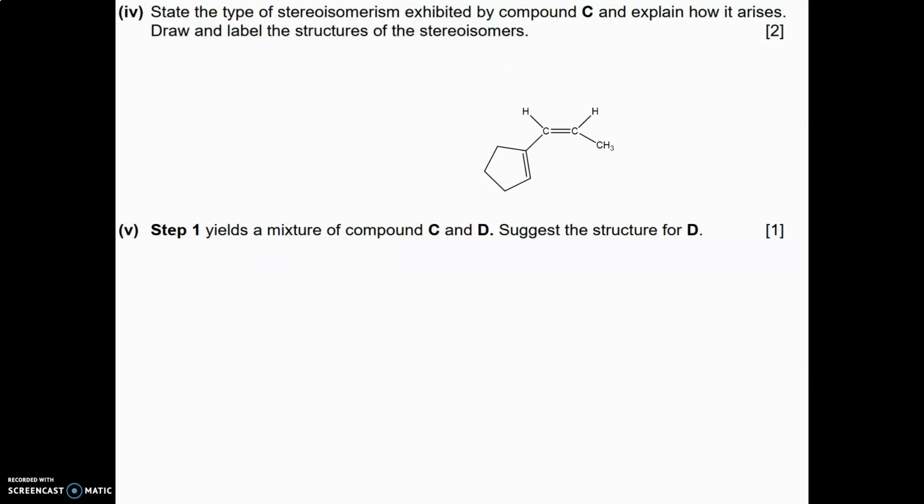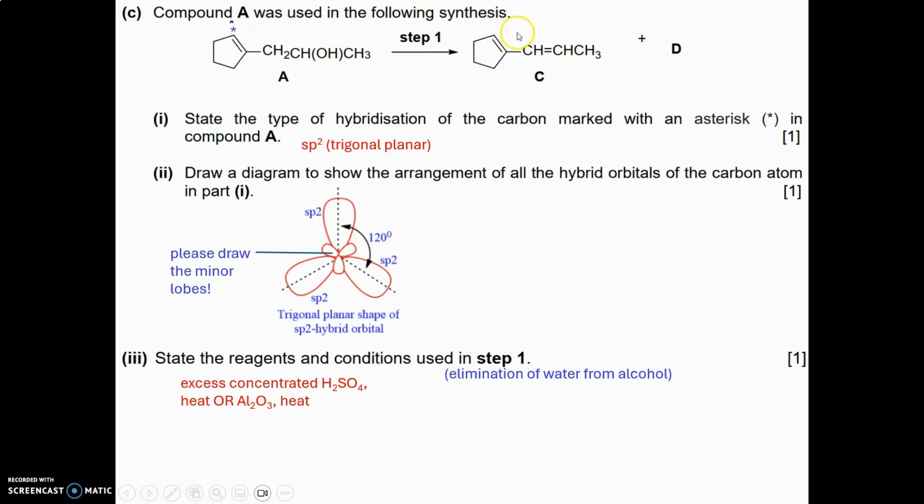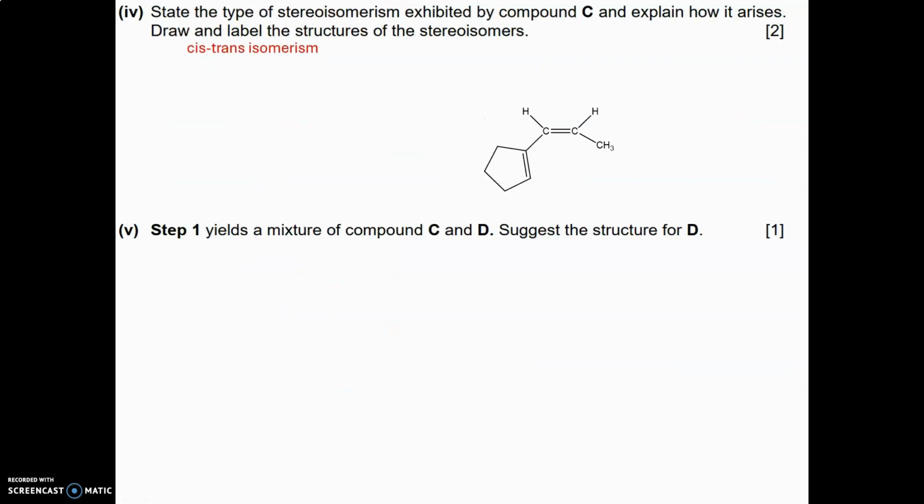Part 4, state the type of stereoisomerism exhibited by C and explain how it arises. Draw and label the structures of stereoisomers. So C, if you notice, has a carbon-carbon double bond, and we observe that each carbon has 2 different groups attached to it. So which means that the type of stereoisomerism would be cis-trans.